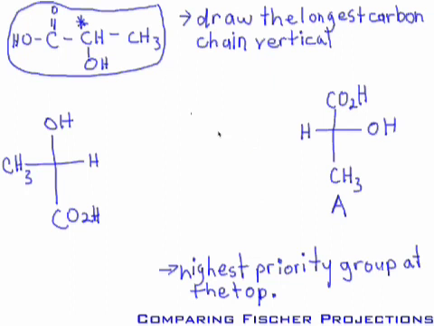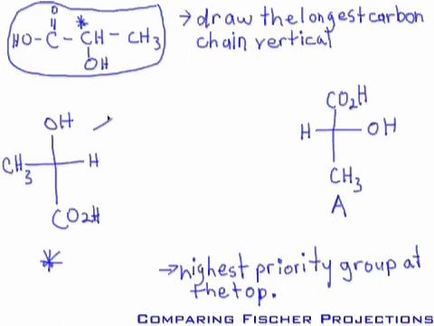How this works is we're going to start switching two groups. We're going to switch any two groups and count the number of times we do a switch. Our target is to turn this molecule right here into structure A. Now we're only allowed to switch two groups at a time.